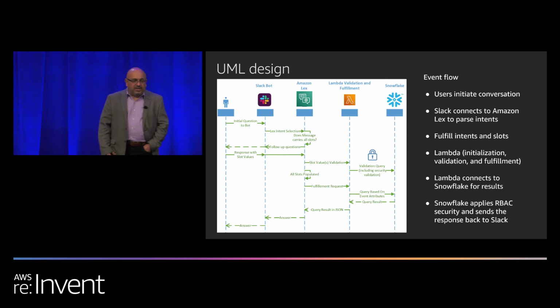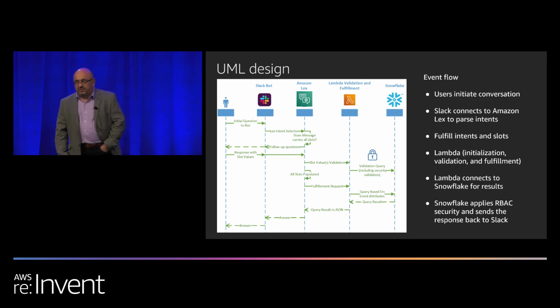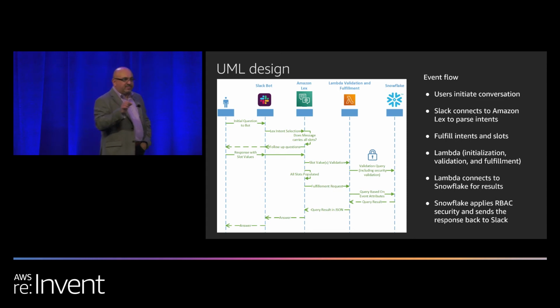Inside Lex, multiple intents get selected based on the structure of the question, the initial question that you ask. As soon as a question is identified with a particular intent, Lex starts verifying slot population, whether it can derive the individual values needed to build a query out of that initial question phrase. If not all slots are populated, Lex will automatically follow up in that conversation in Slack to ask you follow-up questions.